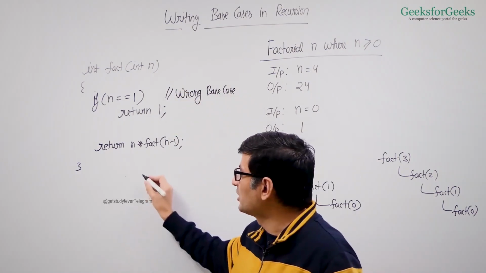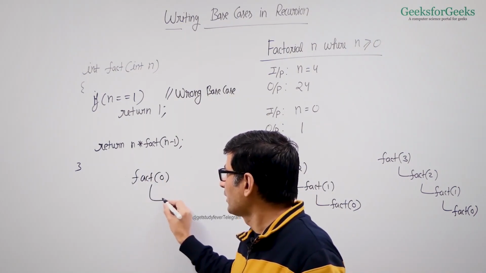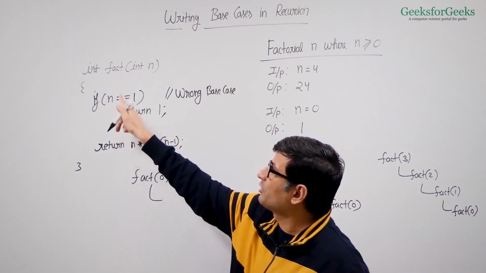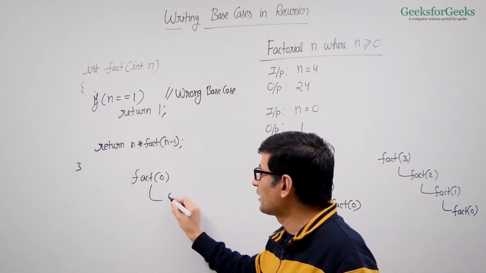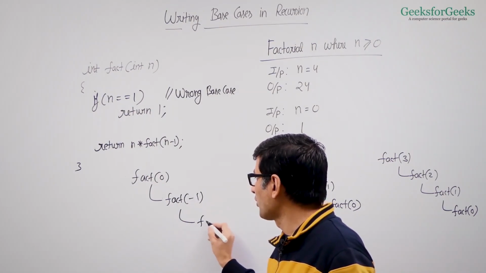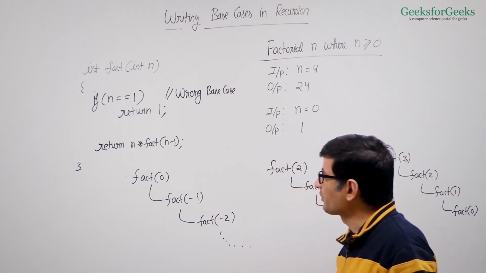If somebody passes 0, you will call for factorial 0, which is going to call for factorial minus 1 because it's not going to fall into this base case, right? It's going to call for factorial minus 1, which is going to call for factorial minus 2, and so on. It's never going to terminate.